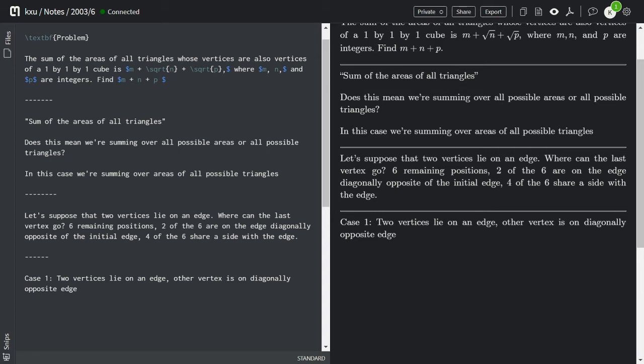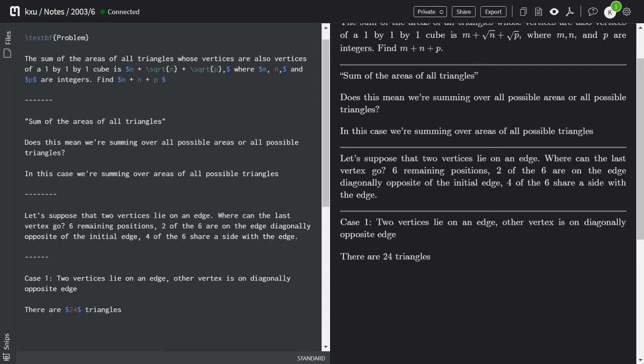We can just pick an edge, and then we can pick one of the two cases that are diagonally opposite. So there are two possibilities for every single edge, and there are 12 edges, so there are 24 triangles.